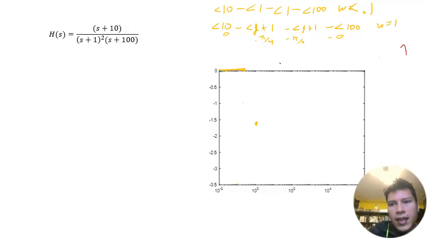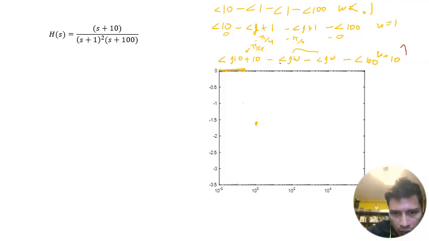And then at 10, we're going to have the angle of j10 plus 10, minus the angle of j omega, minus the angle of j omega, minus the angle of 100. So this is pi over 4 minus pi. So we're going to be at 3/4 pi, 0.75 less than pi.